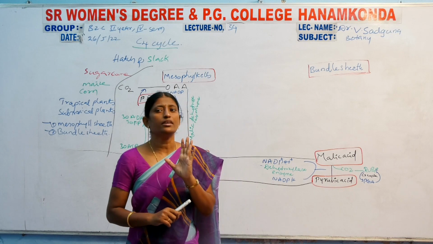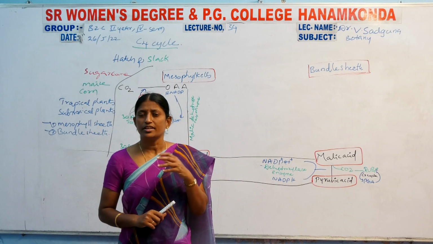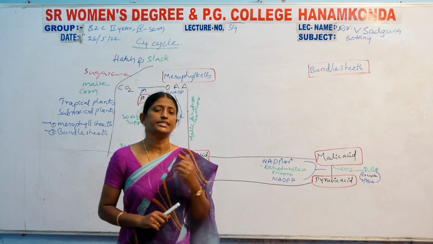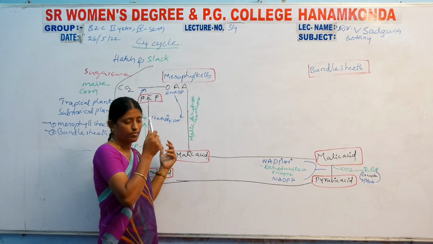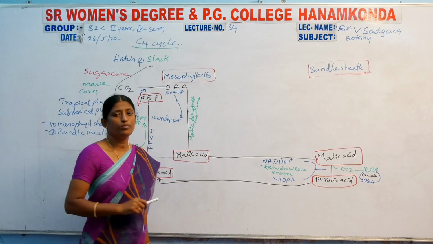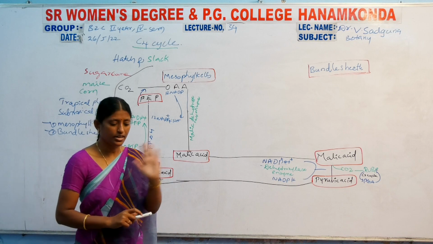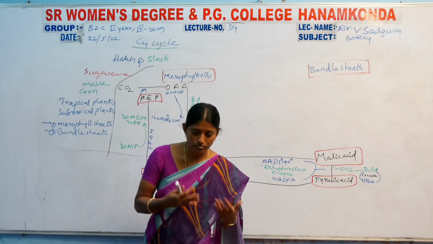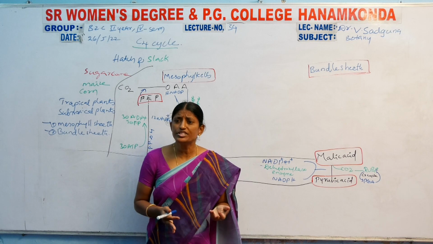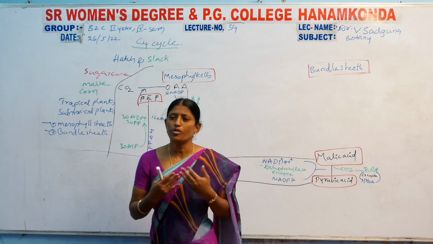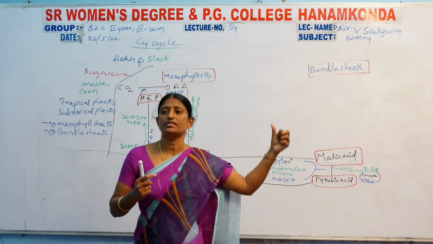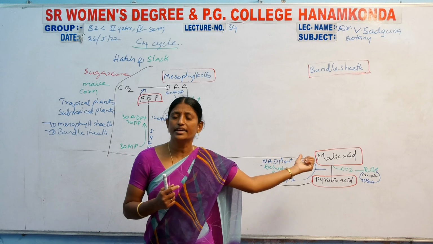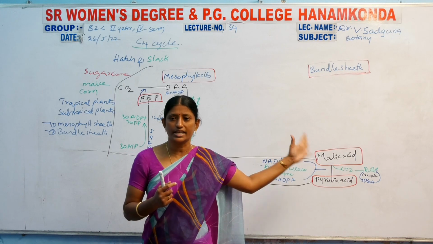Then how many NADPs are involved in the C4 cycle? The blind answer is 12 moles of NADPs, that is enough. Then how many ATPs are formed? The answer is 30 ATPs are formed in the C4 cycle.